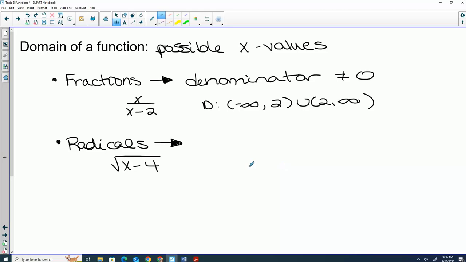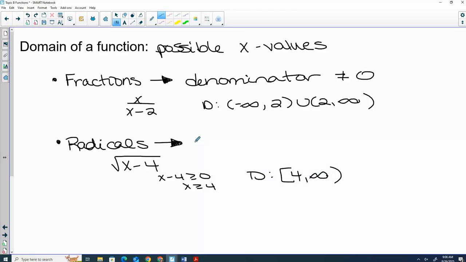Can you plug any possible x values in there? That x minus 4 has to be greater than or equal to 0. So my x had to be greater than or equal to 4, which meant my domain was everything from 4 to infinity.